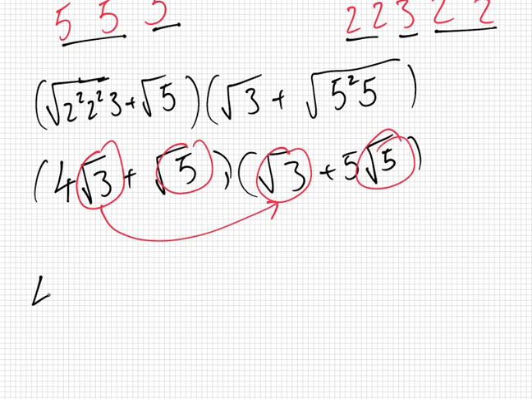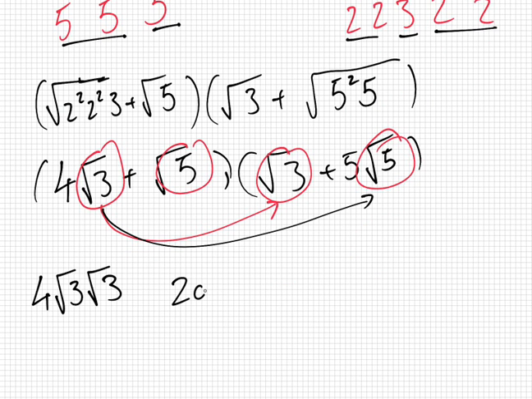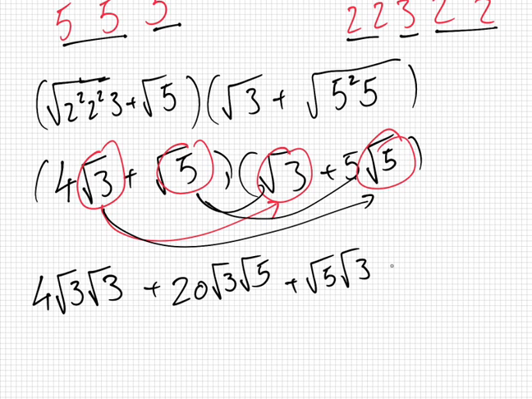It's 4 root 3 multiply root 3. Then the second one is going to be 20 root 3 root 5. Then the middle one will be root 5 root 3. And then the last one will be 5 root 5 root 5. But what does root 3 make when you multiply them? 3.